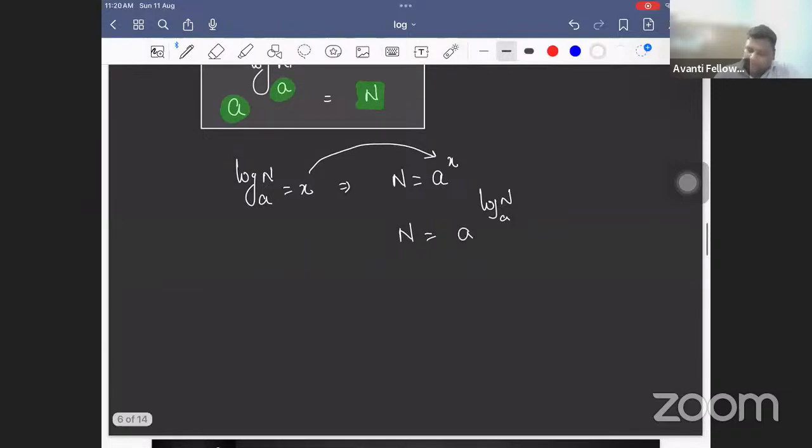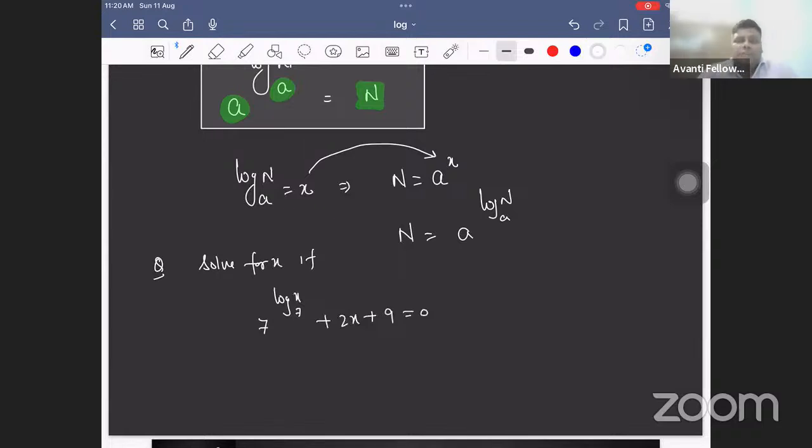Now there is a simple question for you using this same property. Solve for x: 7 raised to the power log x base 7 plus 2x plus 9 equals 0.